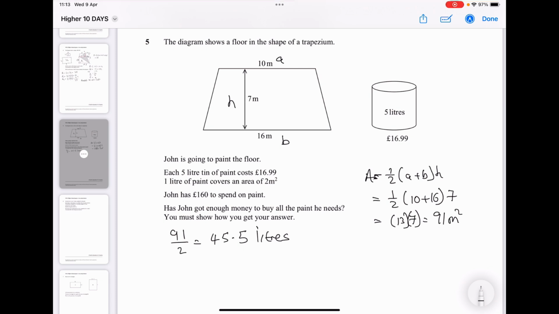How many tins do I then need? 45.5 divided by 5 is 9.1 tins.